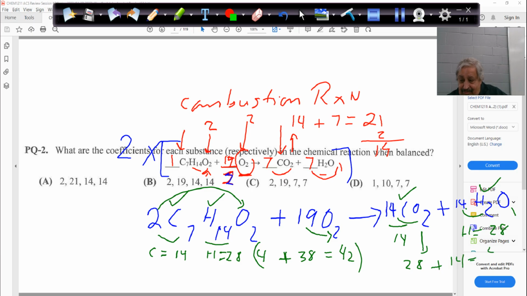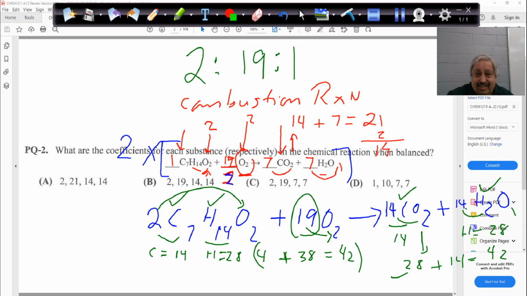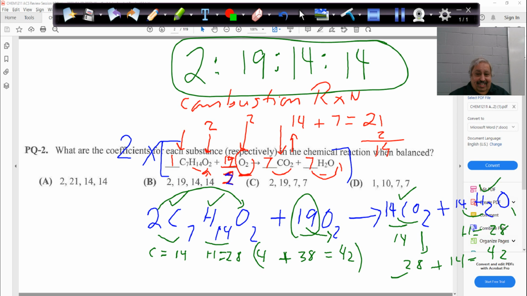Is this 42? Yes? So, what's the mole ratio then? 2 to 19 to 14 to 14, correct? So, which is the correct answer? B. This is the correct answer. Everybody agrees? Everybody's following? Make sense?